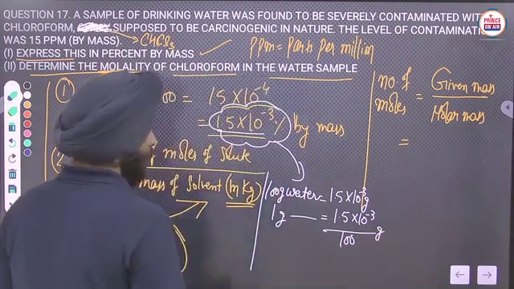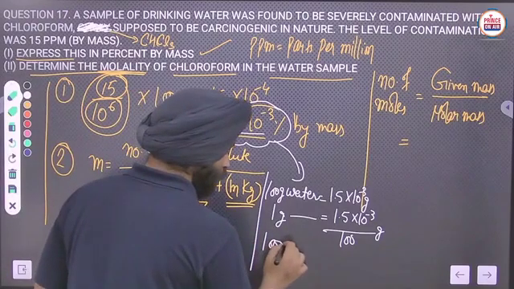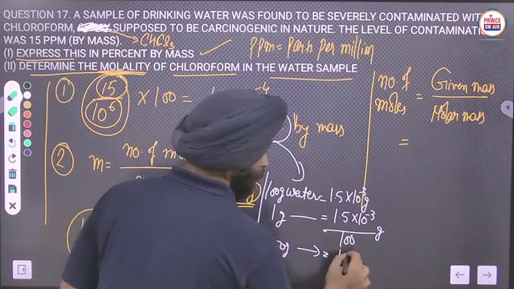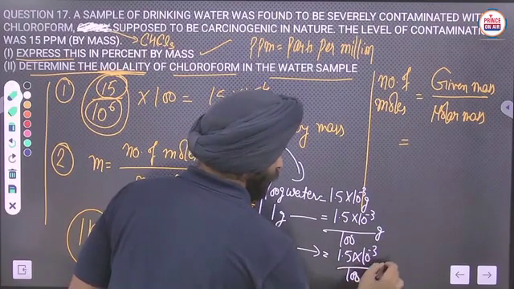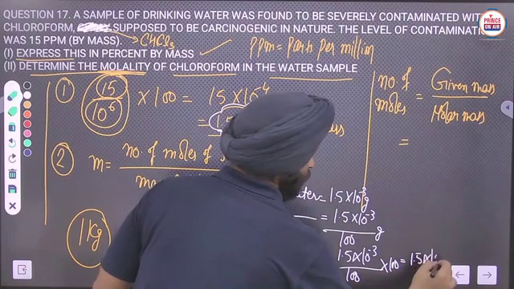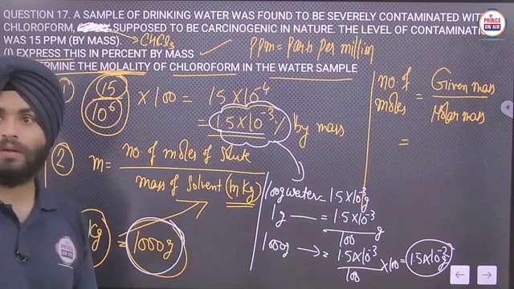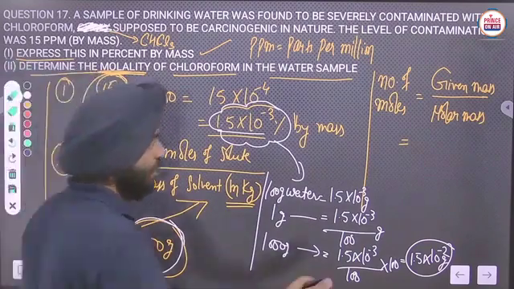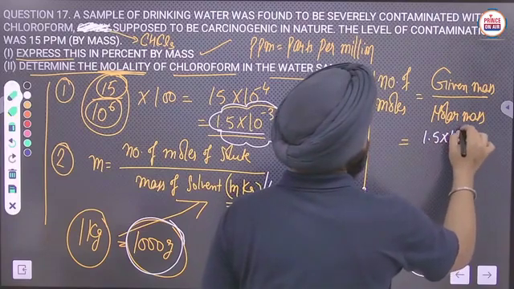But we have a sample of 1000 gram, so it will contain 1.5 into 10 raised power minus 3 upon 100 into 1000. So it comes out to be 1.5 into 10 raised power minus 2 gram. Okay, clear? So in that way you got that mass.